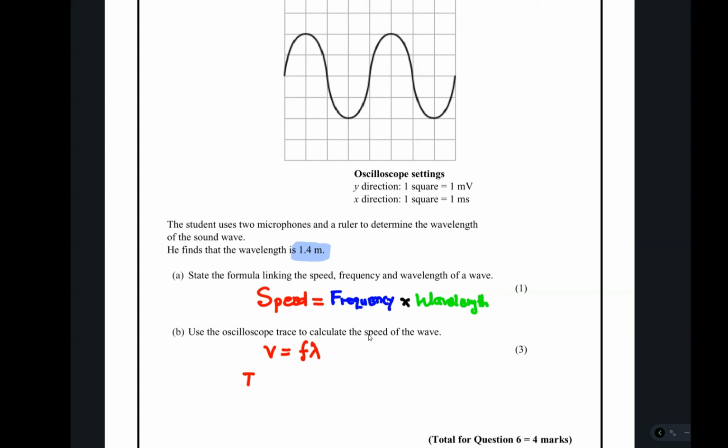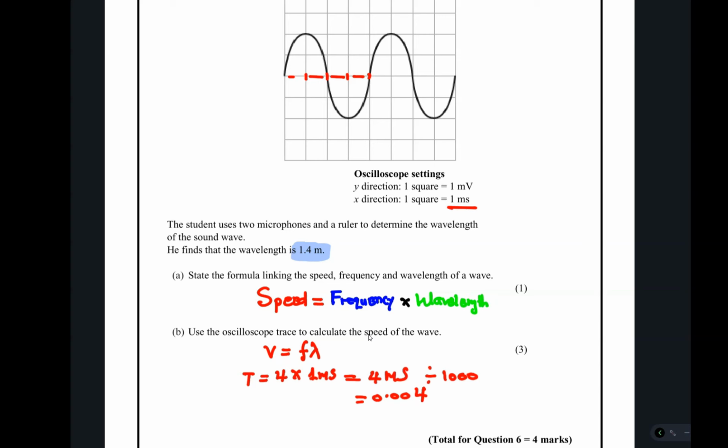Now we need to work out the periodic time, and period is the time for 1 complete oscillation, 1 complete cycle. We have 1 complete cycle when we have 4 squares. So 4 times 1 millisecond becomes 4 milliseconds.